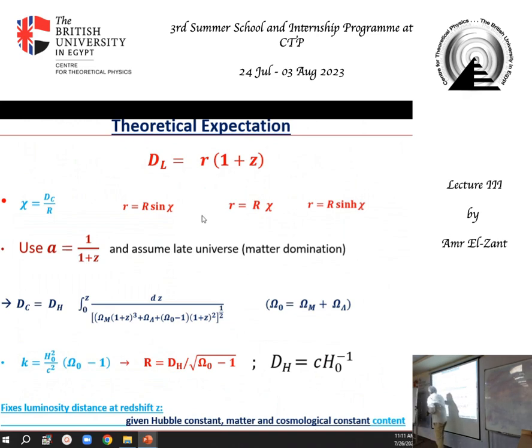So by assuming or knowing, whatever you like, but assuming is better for our purposes, a matter density and a cosmological constant density and a Hubble constant, we completely define theoretically our luminosity distance, which for a given redshift we can compare with observed luminosity distance and try to fit it to get what is really omega m, omega lambda, and H naught in our universe.